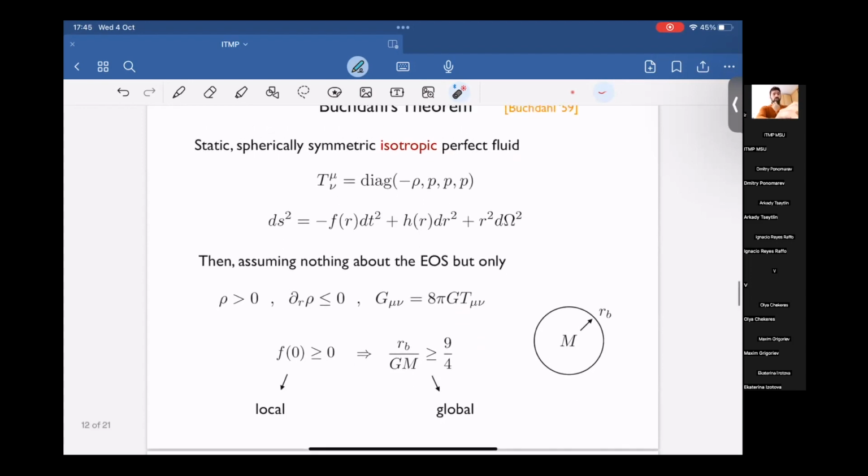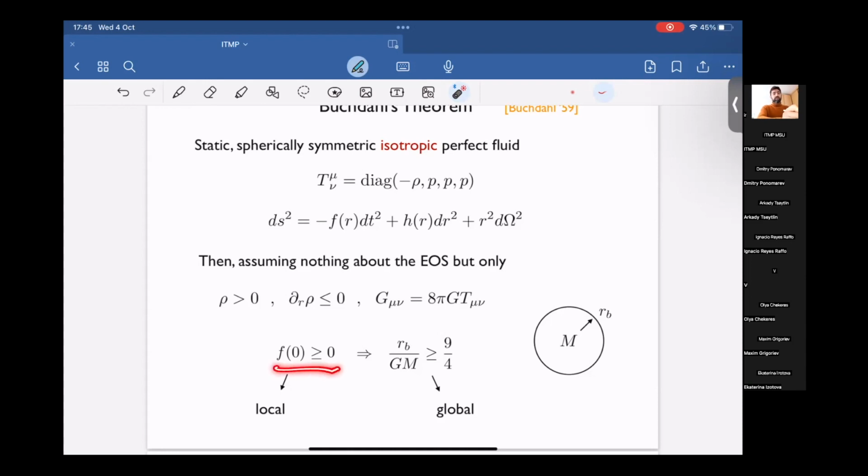Then you can prove that if you take a sphere of mass m, the ADM mass, the total mass of the solution, and radius R_B in these coordinates, then the condition of smoothness of the metric at the origin, in particular the condition that the lapse function, the g_tt component of the metric, doesn't change sign, so that the metric doesn't change its signature, right? It should always have the same signature everywhere in the manifold.